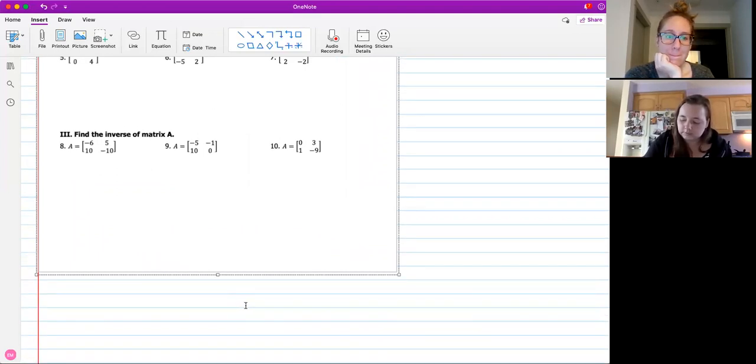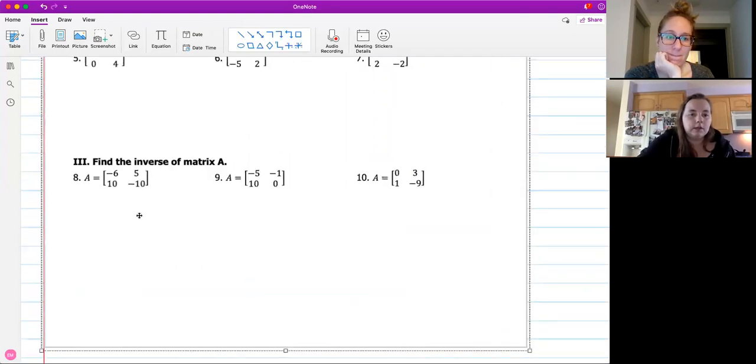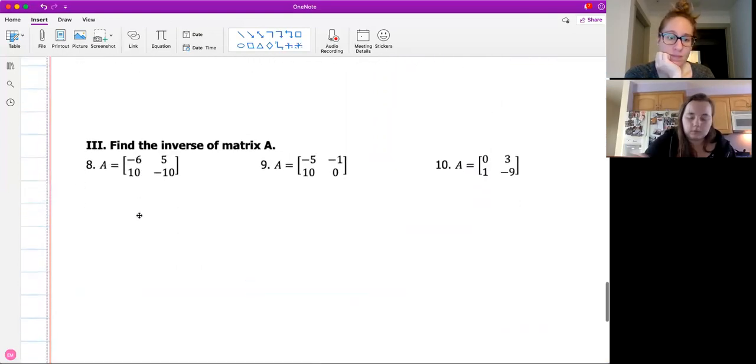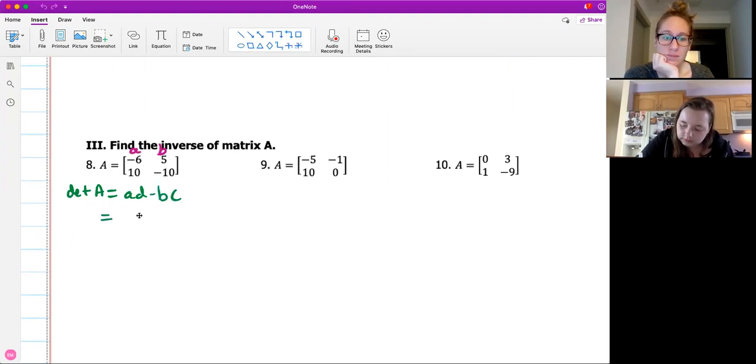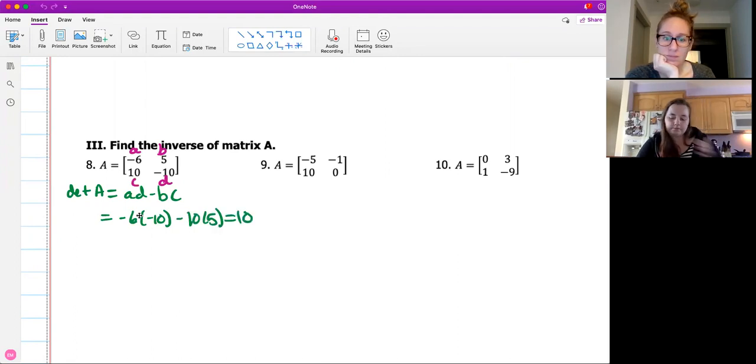Okay, so the first thing that we need to do here is find the determinant of A. So the determinant of A equals AD minus BC. So let's just label this really quick. A, B, C, and D. And we have -6 times -10 minus 10 times 5. And so our determinant is 10.